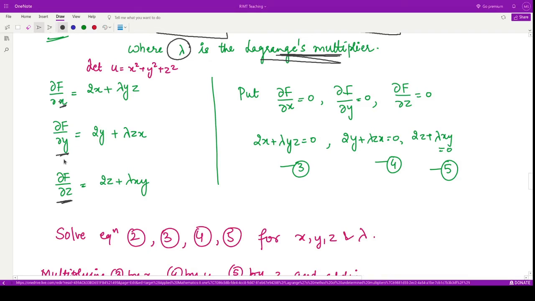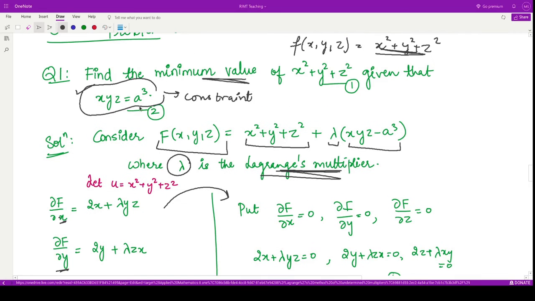When you compute with respect to y, you keep x, z and lambda as constants, and with respect to z, you keep x, y and lambda as constants. Then you equate all these values to 0. So from here you get 3 equations, together with the given constraint x y z is equal to a cube.